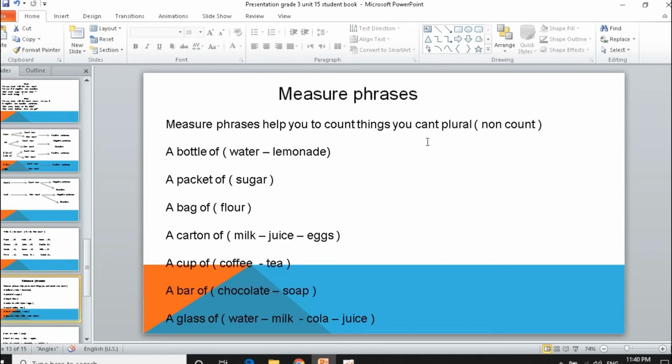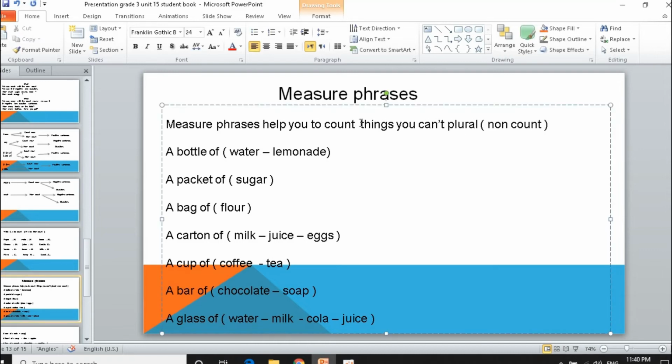Measure phrases. Measure phrases help you to count things you can't make plural, non-count nouns.